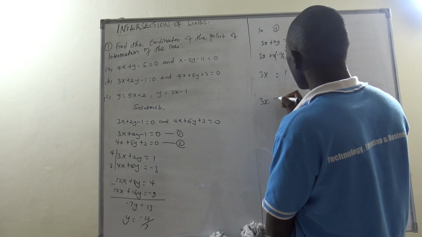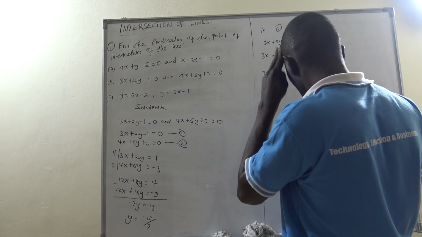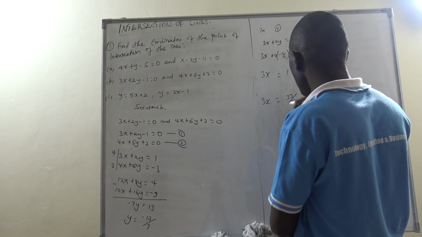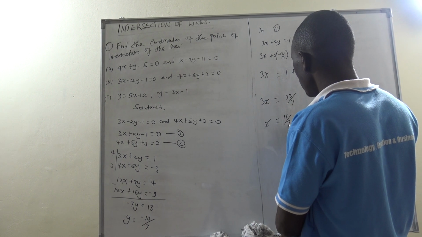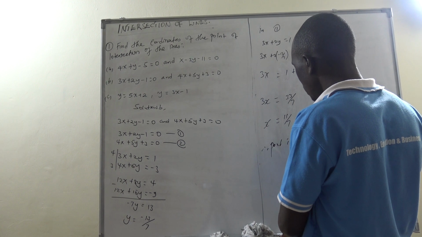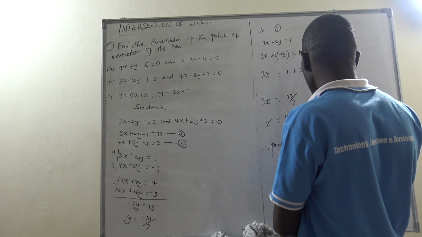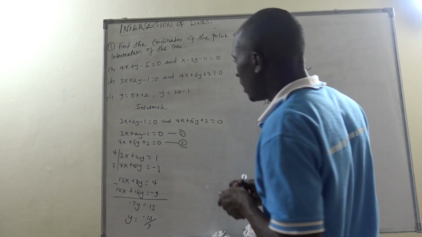So 3x equals, when you get the LCM, 33 out of 7. So when you reduce, x is 11 out of 7. Therefore, the point is (11 out of 7, negative 13 out of 7). That one becomes the point of intersection.